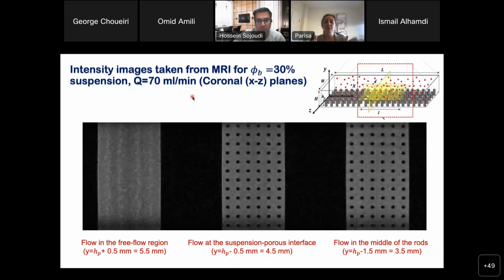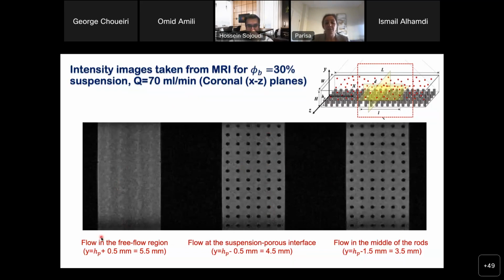The way that MRI works is that when you have the channel, before you add any suspension, you must first add the pure fluid inside it and do some calibration. Then we emptied it and added the particles. So these 3 slices are the top view. These dots are the structure of the bottom surface of the channel.